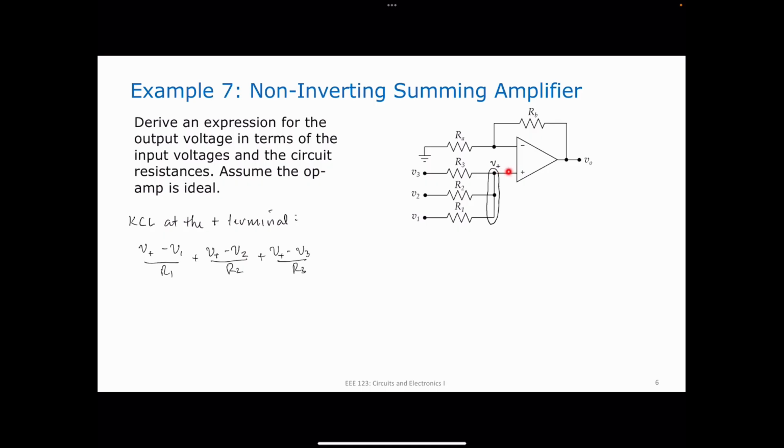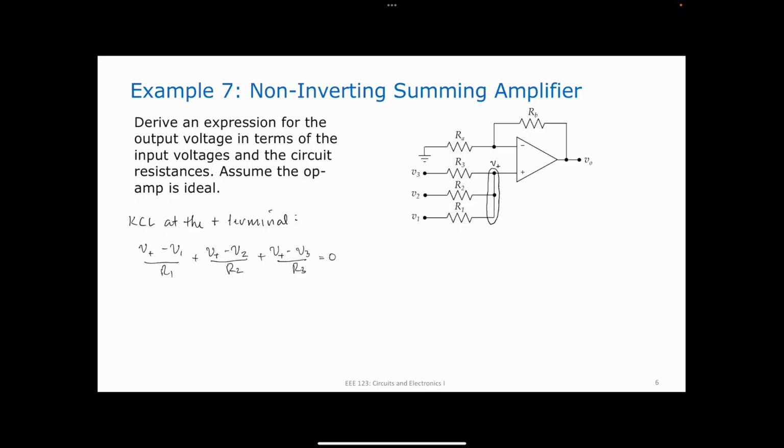The fourth current is this current entering the non-inverting input. But we know that to be zero because of our ideal op-amp nature. So this is now equal to 0. Let me try to isolate V plus.